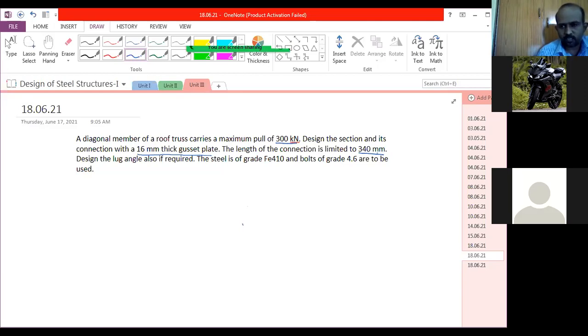So design a lug angle also, if required. If, in order to carry 300 kN, you want to provide a lug angle, you have to design the lug angle. The steel is of grade Fe410 and the bolts of grade 4.6 are to be used.